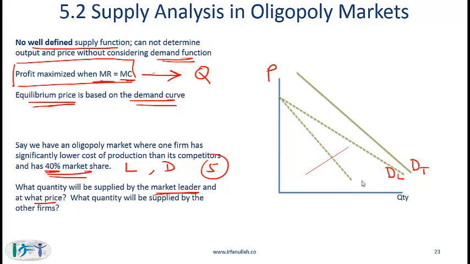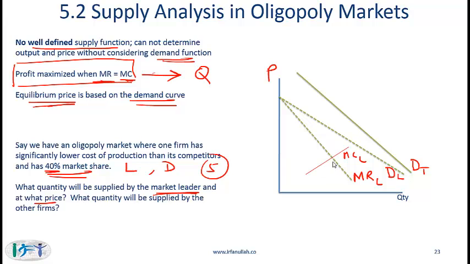Let's say that this is the marginal revenue curve for the leader, and by now you should have realized that the marginal revenue curve will be downward sloping and steeper than the regular demand curve. This red line over here is the marginal cost curve for the leader.